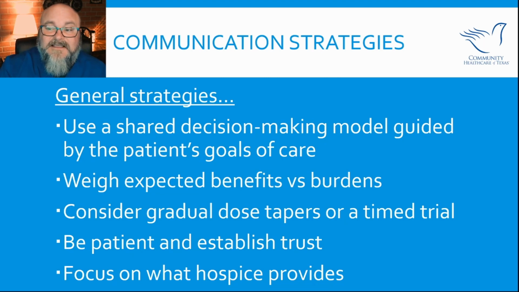Consider a gradual dose taper, or a time trial. And this is a good strategy, especially, in my experience, when talking about certain medications like Namenda and Aricept. So, medications that this patient may have been taking for a long time for their Alzheimer's or dementia.